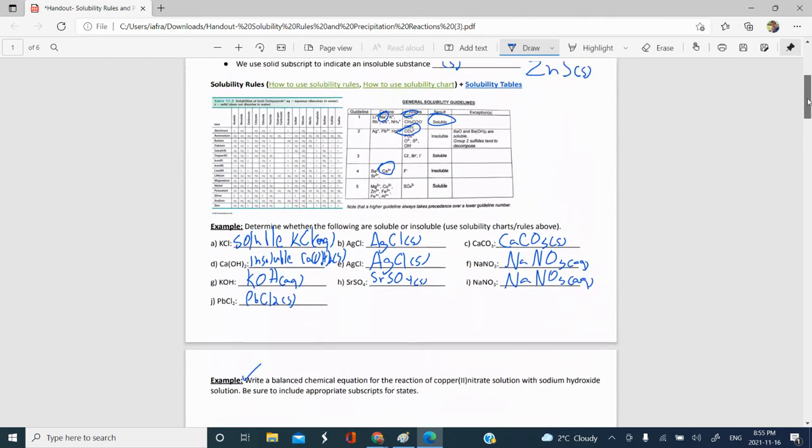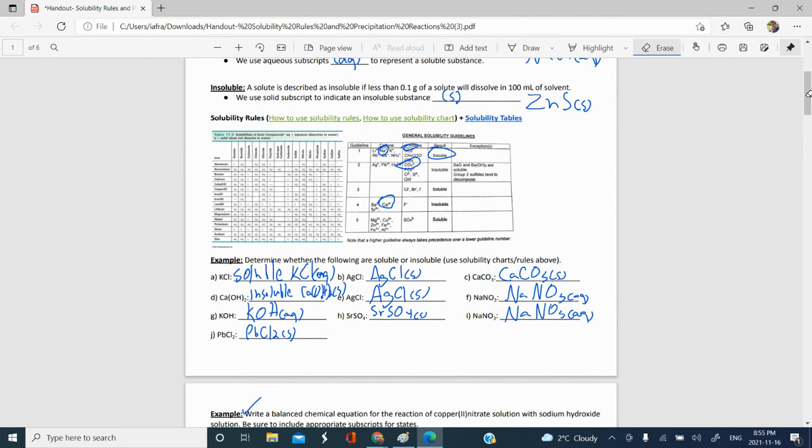To verify, we can take a look at our table to see if AgNO3 is soluble versus insoluble for the AgCl. We can't always verify this way, because this table just tells us if something is soluble or not. It doesn't tell us how soluble it is. It doesn't tell us that this many grams will dissolve in water. So maybe we'll be able to see if we're right. AgCl is actually insoluble, because Ag wants to be insoluble.